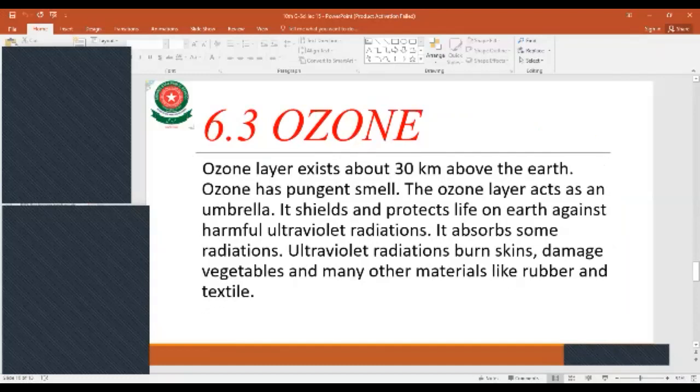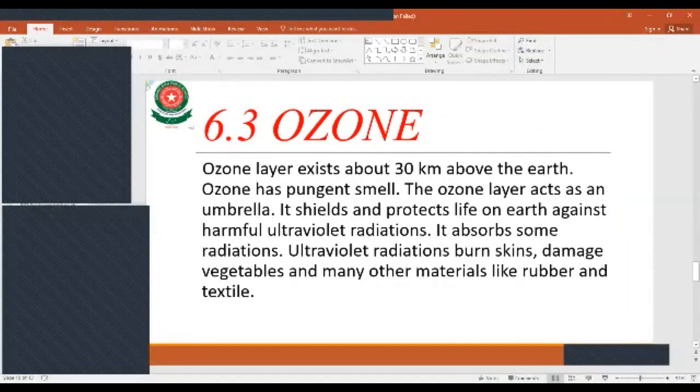Ozone has a pungent smell. The ozone layer acts as an umbrella. It shields and protects life on Earth against harmful ultraviolet radiations. It absorbs some radiations.